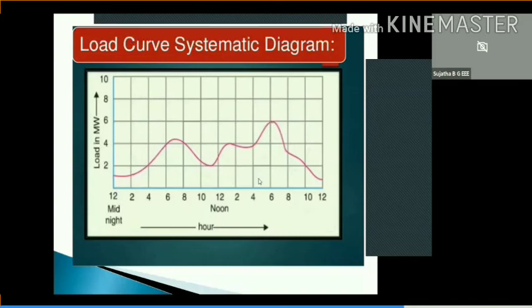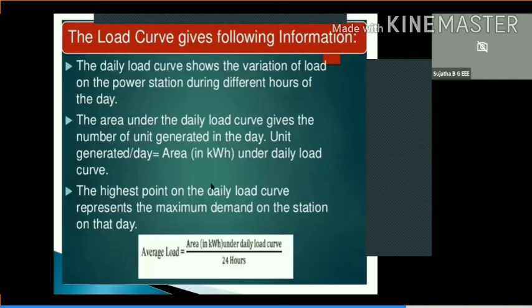Maybe it has occurred at 6 p.m. So from the load curve you can come to know the maximum demand on the station, and you can also see how the load is varies throughout the day. For this typical curve it is 6 megawatts, occurring at 6 p.m. So this information can be known from the load curve.